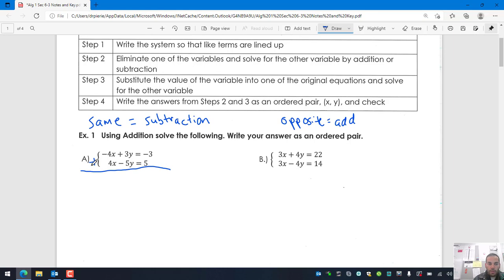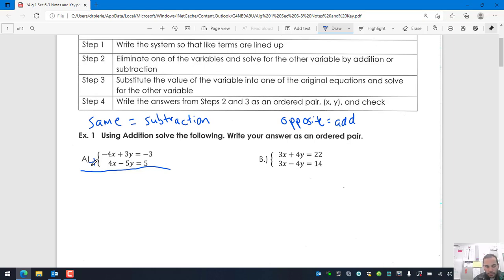I'm looking at this one term at a time, and I'm going to start with the x's. The first thing I see here is -4x plus +4x. Basically what's going to happen here is that the x's are going to cancel or eliminate, and that's exactly what we're looking for. -4x plus 4x is equal to 0x, so there's nothing there.